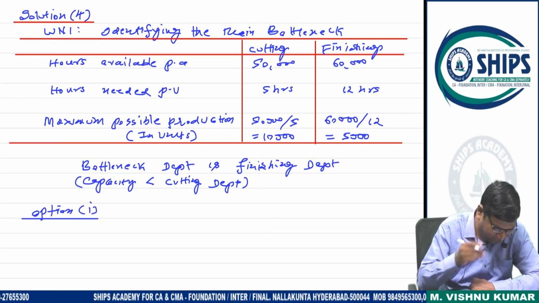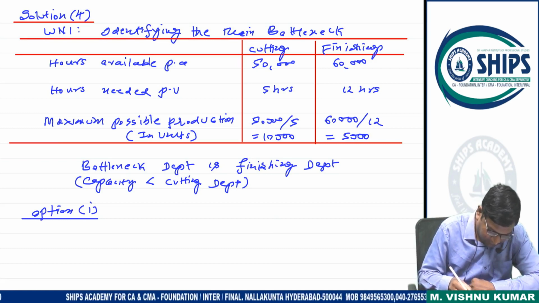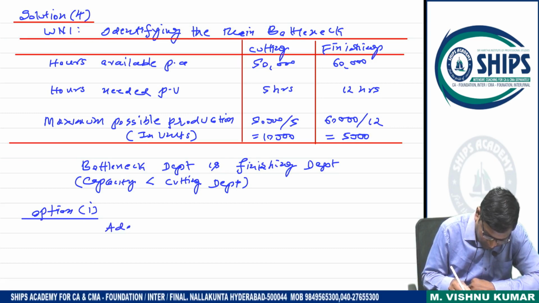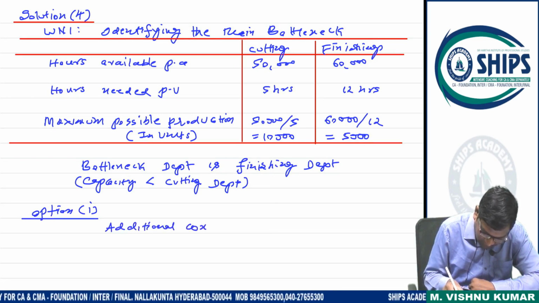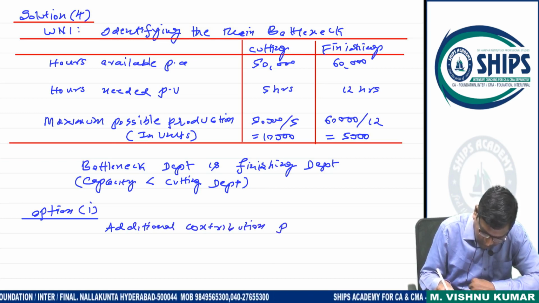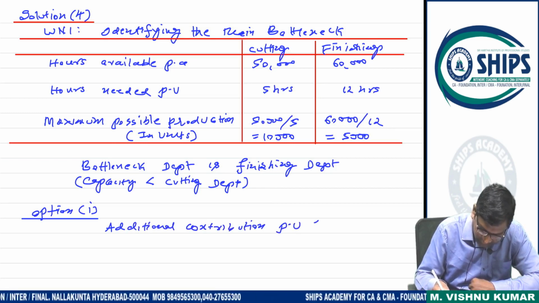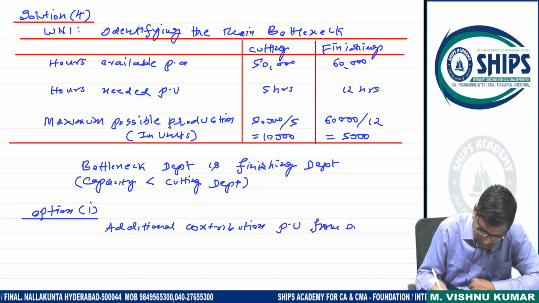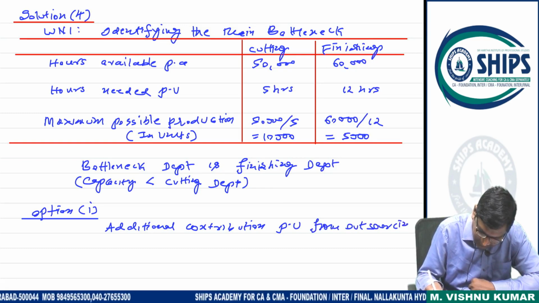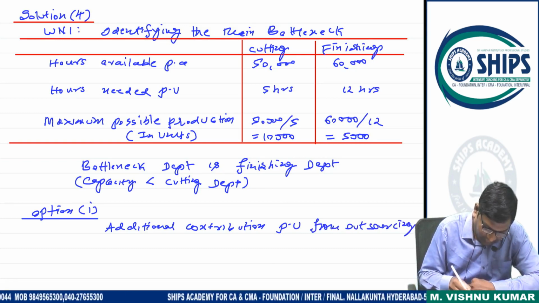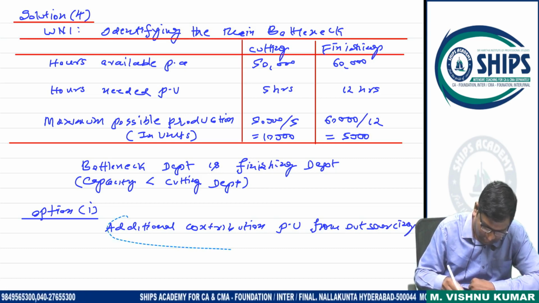So first, option 1. Additional contribution per unit from outsourcing.